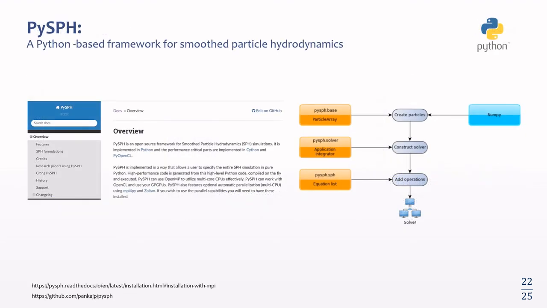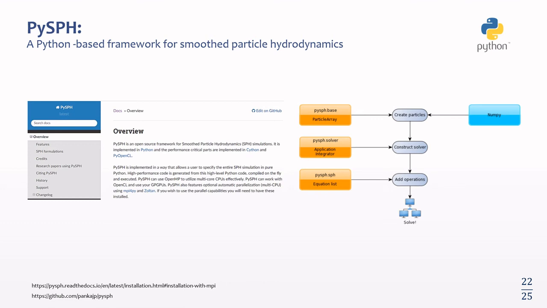And then for the Python environment, as you know, we can develop packages for Python. For SPH, there is a specific package developed for Python called PySPH, a Python-based framework for Smoothed Particle Hydrodynamics.